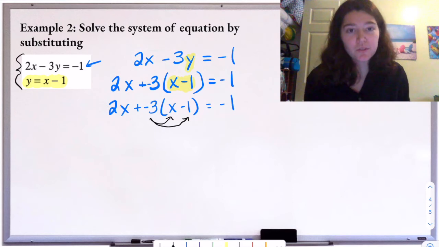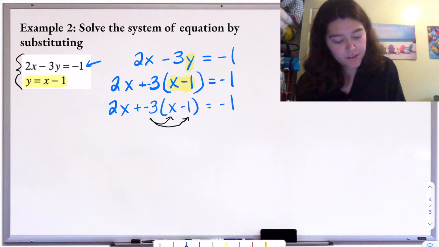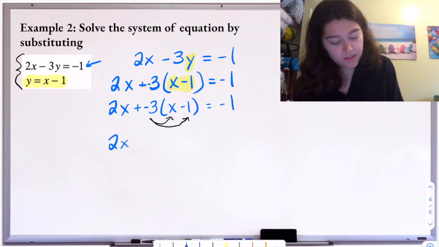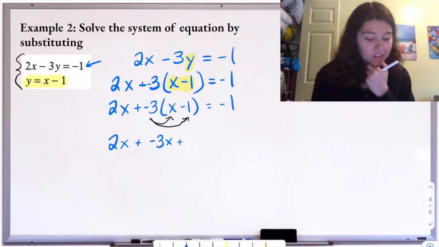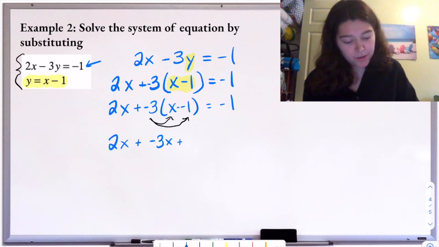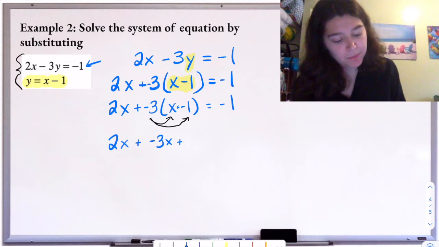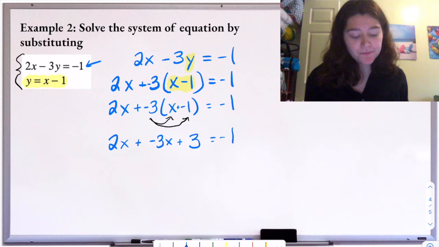Whenever we distribute, of course, we're multiplying. So then I get 2x plus negative 3 times x is negative 3x, plus negative 3 times negative 1. Be careful there, minus 1, we're adding a negative, so that becomes plus 3. And that equals negative 1.